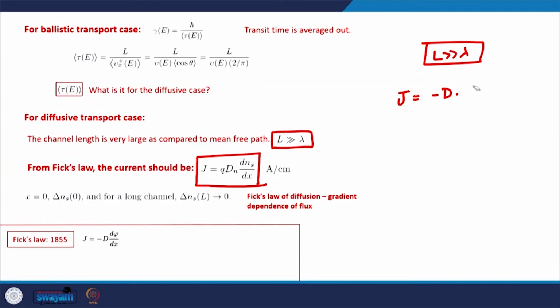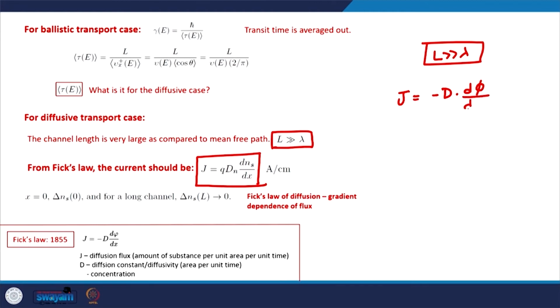It was given by Fick in 1855. Around that time, Coulomb's law and the very basic building blocks of electrical engineering were being formulated.